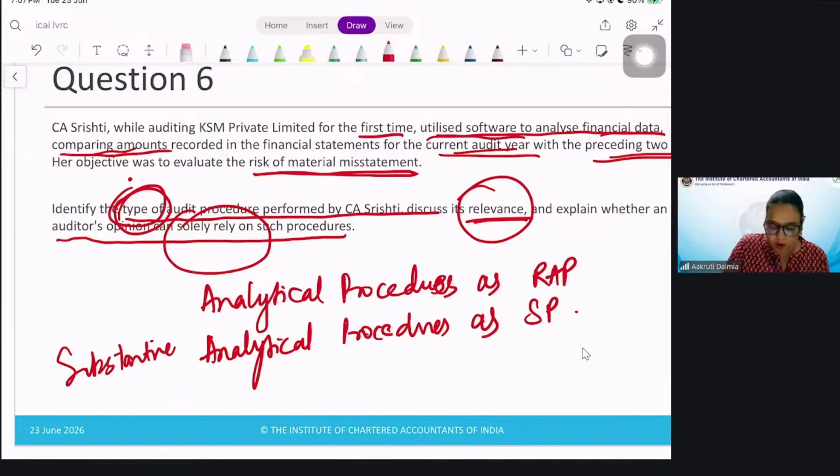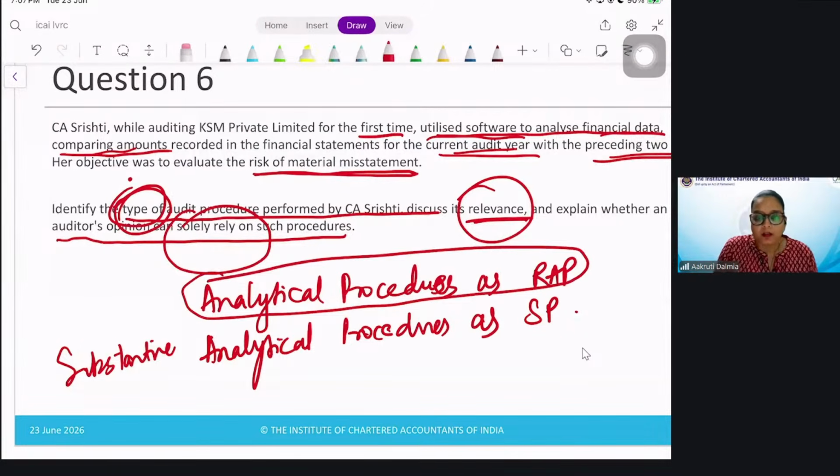It is sometimes called as substantive. Do you recall ऐसा कुछ था book में? Something like this was there in the book. So this question is of the first type. This should be clear like water, पानी की तरह साफ. Okay? It should be clear absolutely in your head.